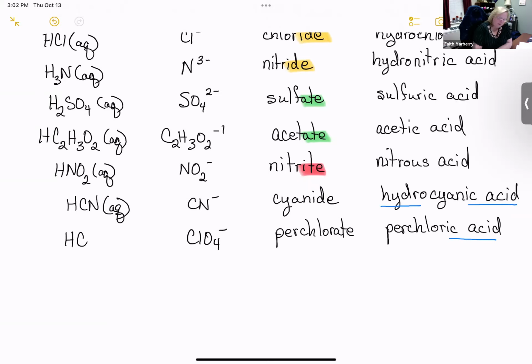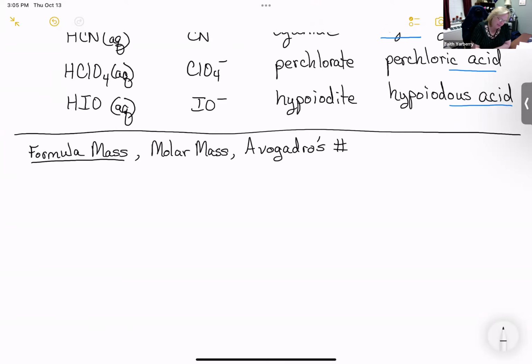Now, before I really get into the formula mass, I want to remind you of something you've already done. Previously, this semester, you determined the average atomic mass of an element.